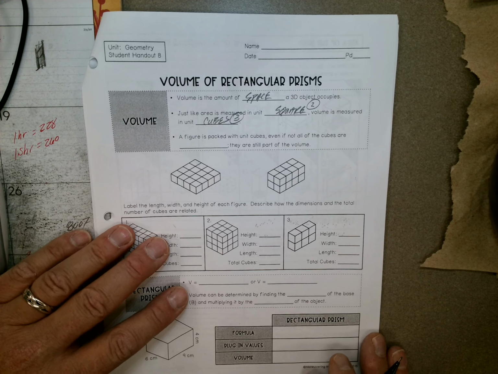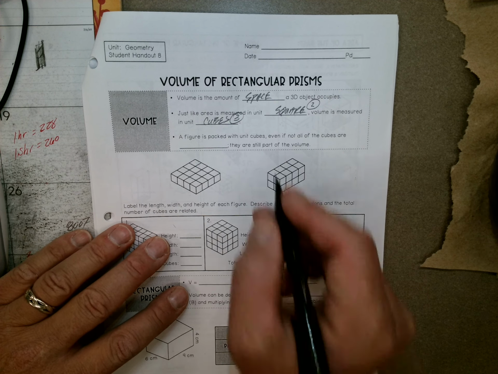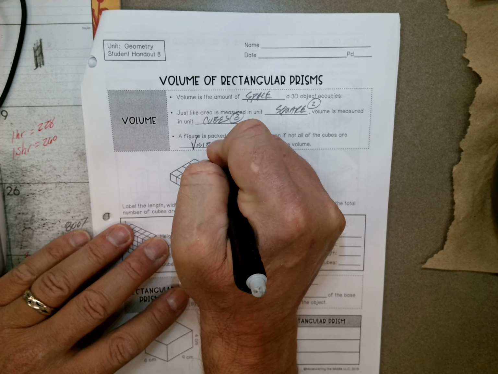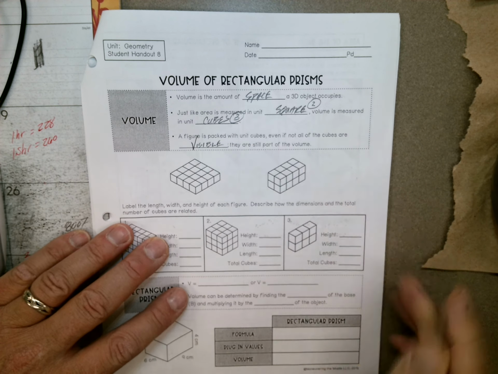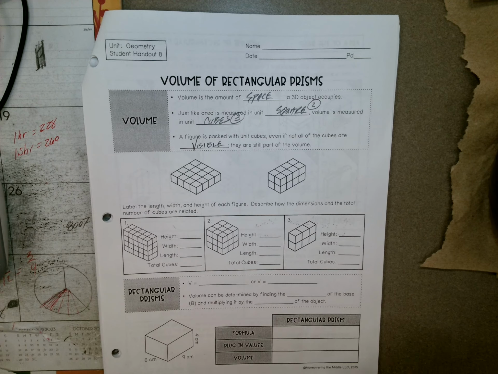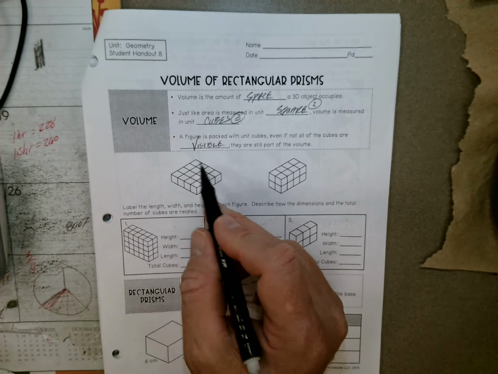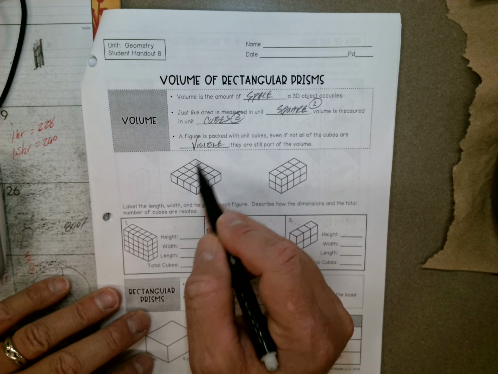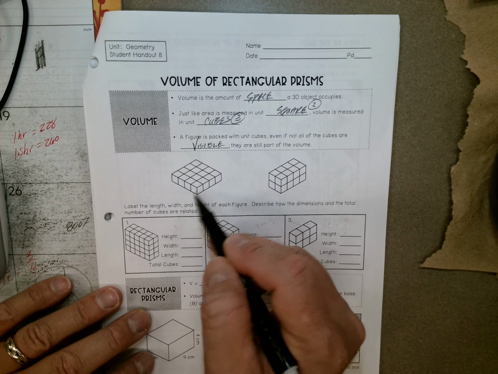A figure is packed with unit cubes, even if not all the cubes are visible. They are still part of the volume. When we look at this, we can see all of our cubes. There are 4 rows of 4, so there's 16 there.